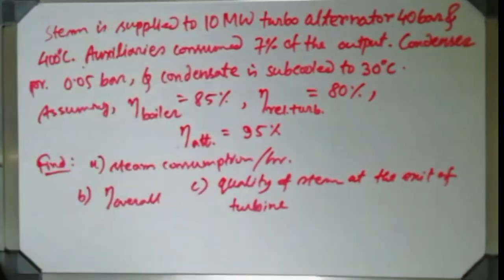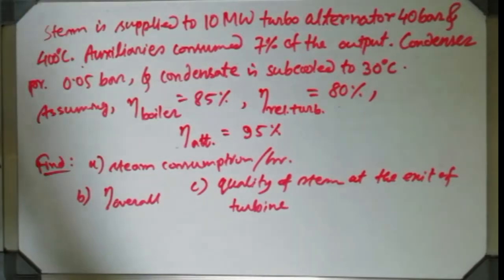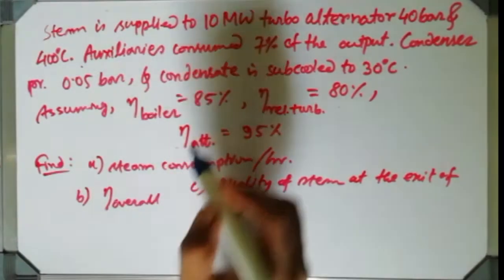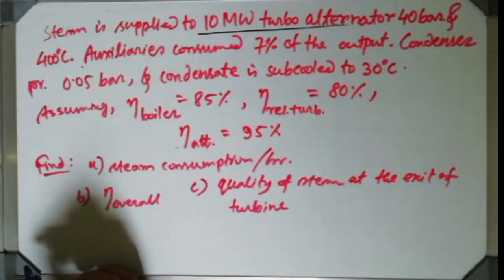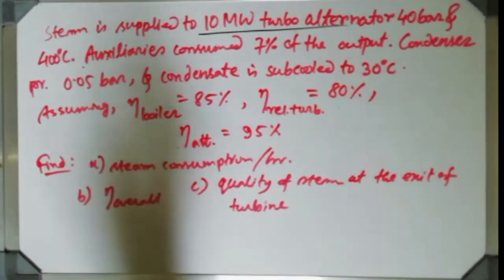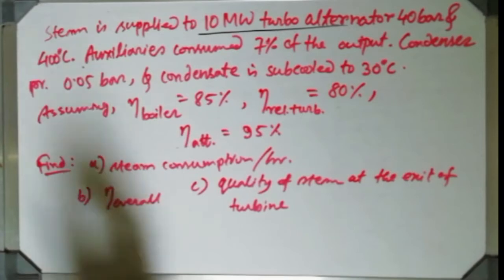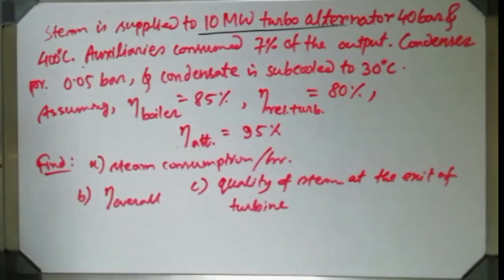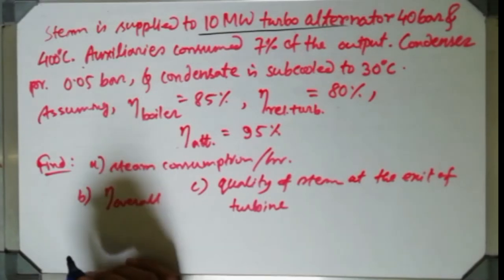So these are the data given. You can find that the steam supplied to the turbine is for the 10 megawatt turbo alternator. So the steam coming to the turbine is at 40 bar.